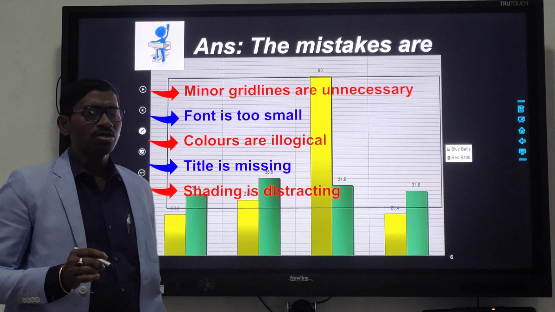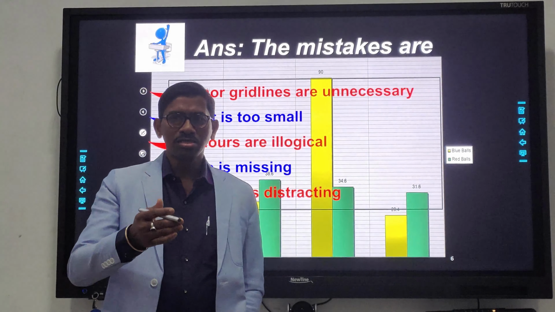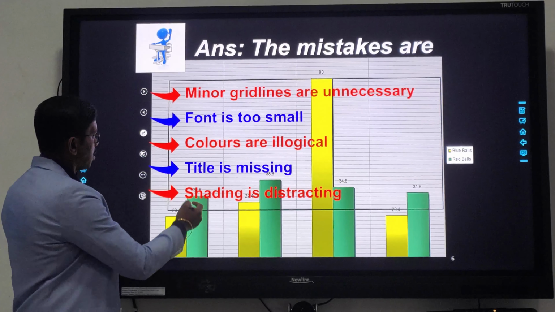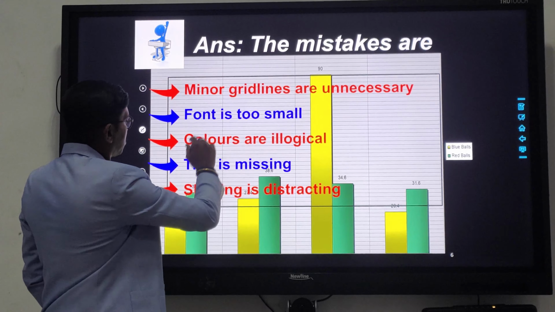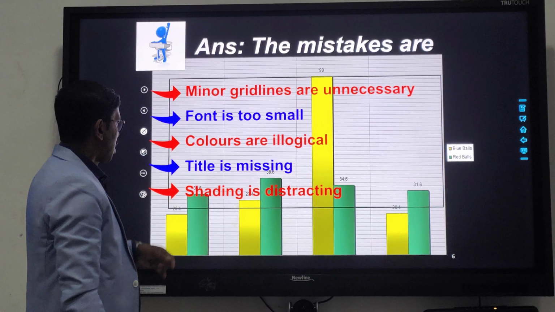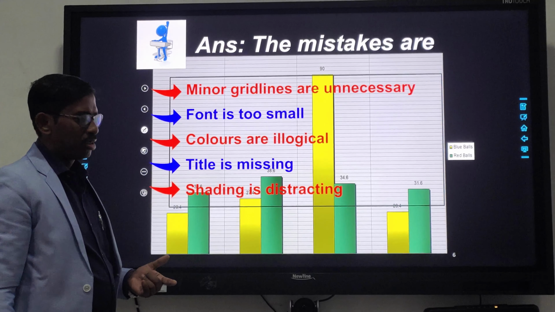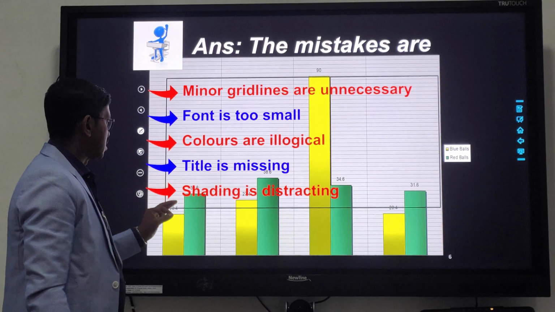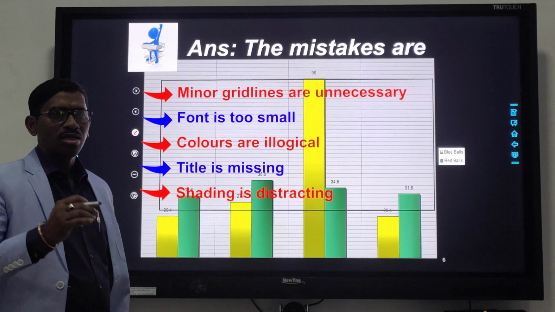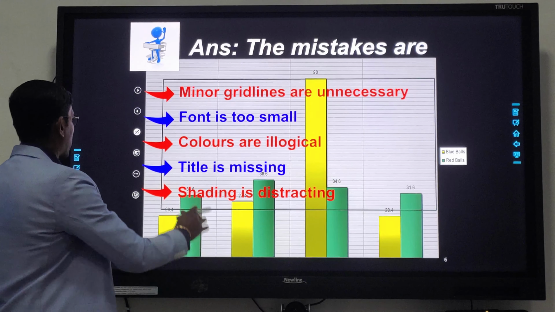It is very difficult for the readers or viewers to read. The title of this graph is missing, and some shading has been used unnecessarily, which creates distraction.